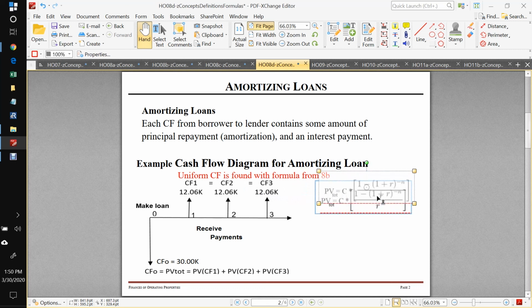Even though we're looking at how this loan amortizes, we get the uniform payment, the relationship between the uniform payment and the CF0 or the PV total, the same way we always have. Nothing changes there. So if you're given a problem like this and you need to start with what's the uniform payment, just go back and use our uniform payment formula for that.